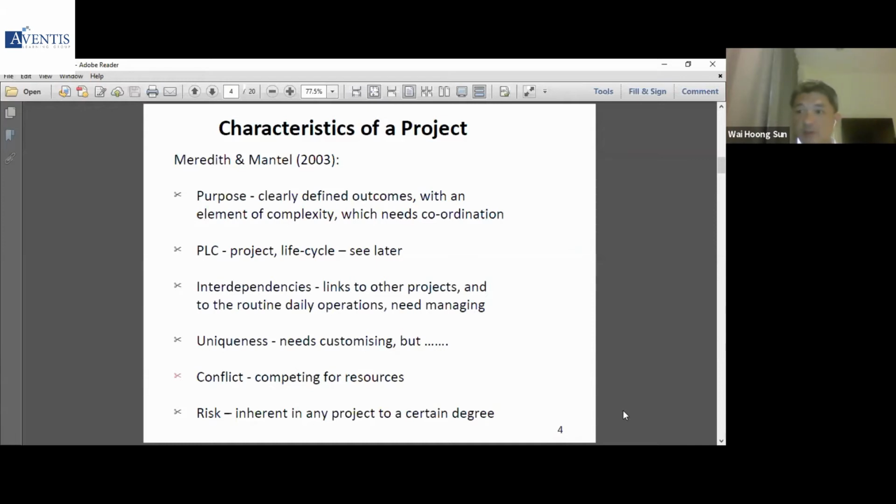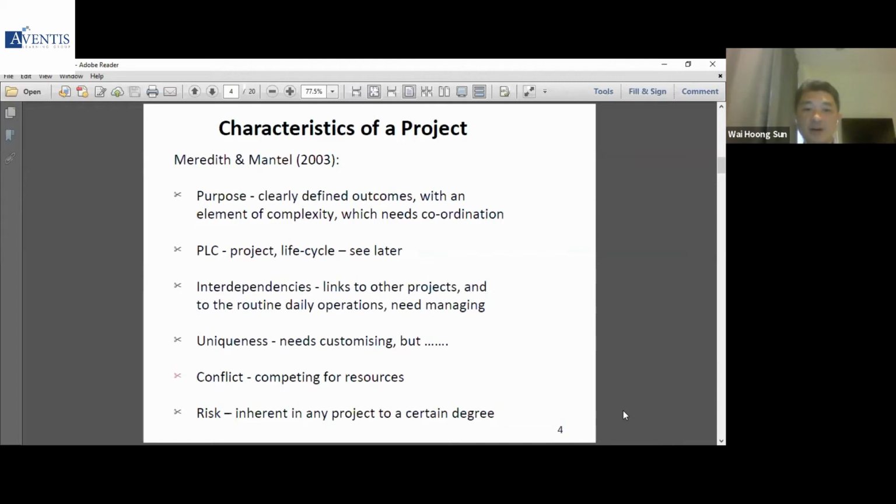So probably you have a very skilled technician that is assigned to two projects, and he or she could not work on your project if he or she is working on the other project. So that needs some management.